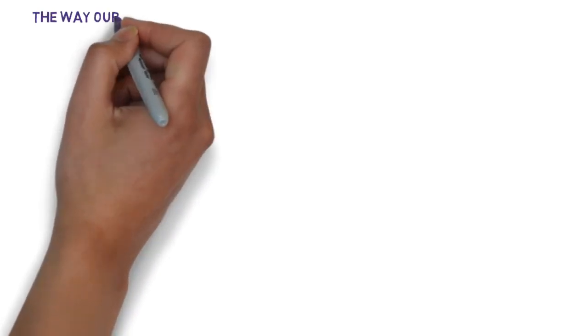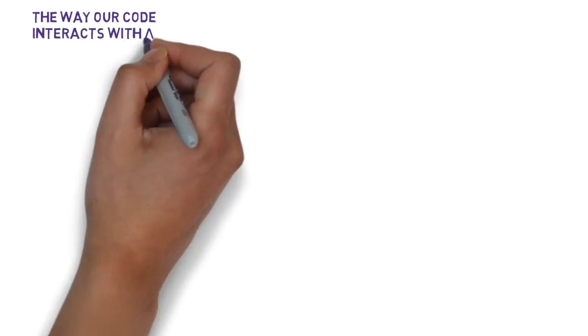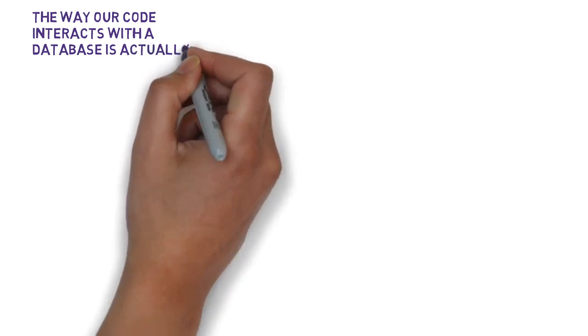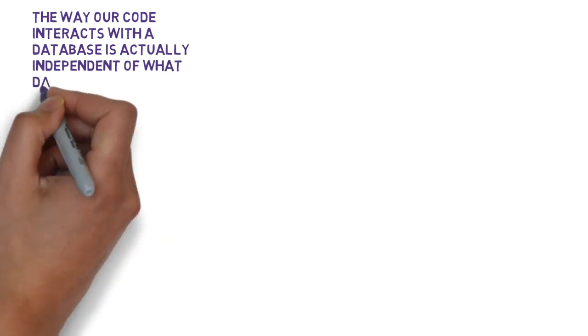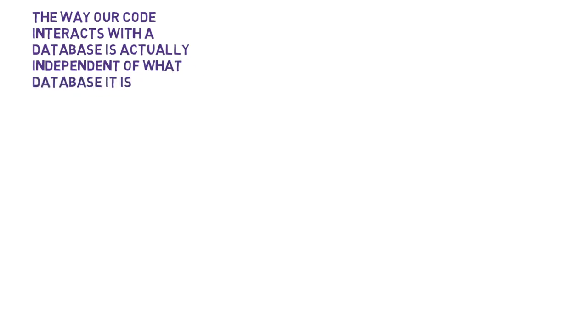Now, if you really sit down and think about how to write this application, which can easily withstand the change in databases without causing the team a lot of pain, the way our code interacts with the database is completely independent of what database it uses. Databases tend to follow a very standard pattern, tend to respond to very standard commands with a few exceptions or a few differences between them, which can be smoothed over without the client using the database knowing of it.